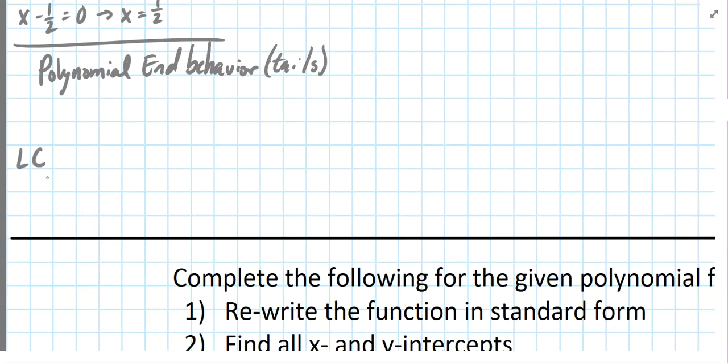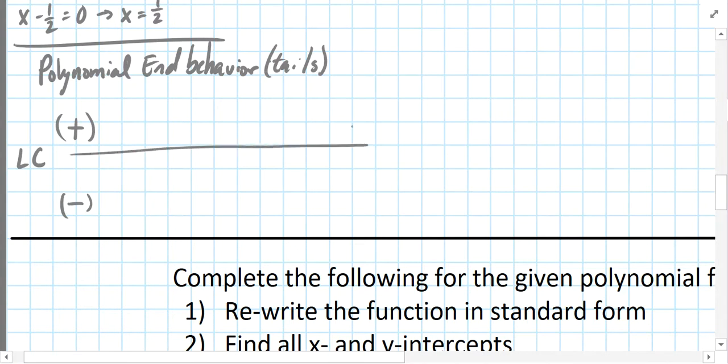So what I'm going to do first is build a chart, and on the left-hand side I'll indicate the leading coefficient, because the leading coefficient affects the tails of our graph. Our leading coefficient can be either positive or negative, and that'll have an effect on the behavior of the graph.